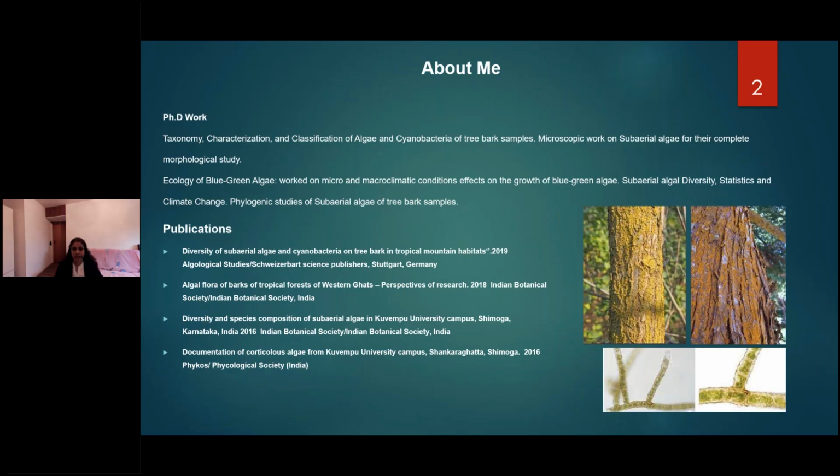And I've documented more than 104 species of subaerial algae. According to the statistical analysis, I have reported the subaerial algae diversity, and how phycological studies differ across these bark samples from tropical to subtropical and terrestrial algae. So I have published, till today, 4 publications. It's all regarding diversity of subaerial algae.